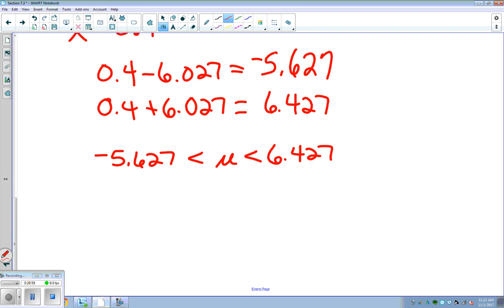So I am 95% confident that the population mean will fall between negative 5.627 and 6.427. Because we've got all these numbers going, don't lose context of what the problem was. The problem was about the change in LDL when subjects were treated with garlic.